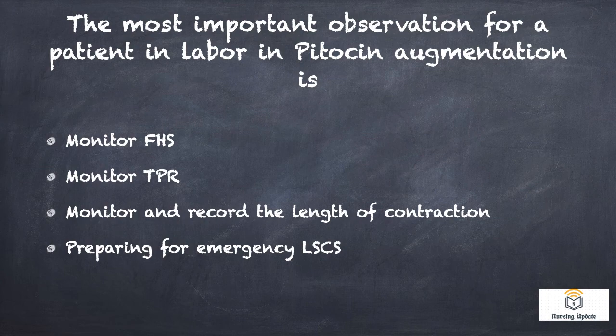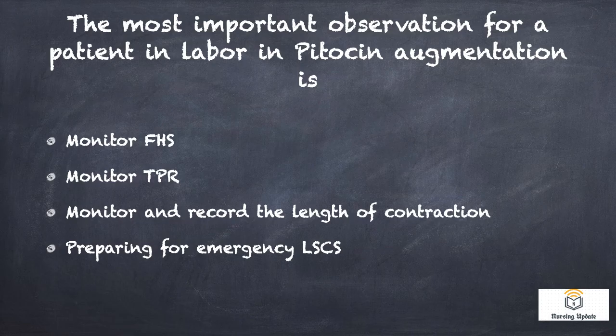So the patient is on oxytocin augmentation, which means they are enhancing the labor process. As a nurse, what do you do? Option A, monitor FHR, fetal heart rate; monitor TPR, temperature, pulse, respiration; monitor and record the length of contraction, meaning uterine contraction; and prepare for emergency LSCS.